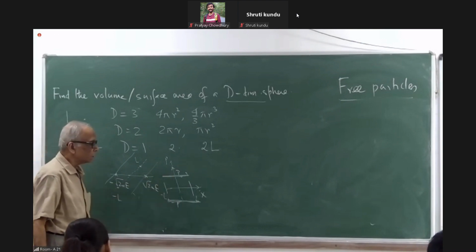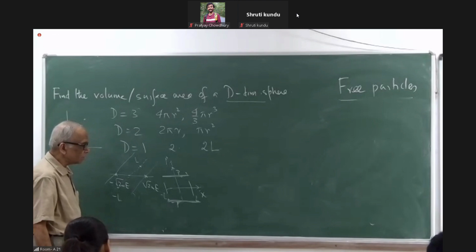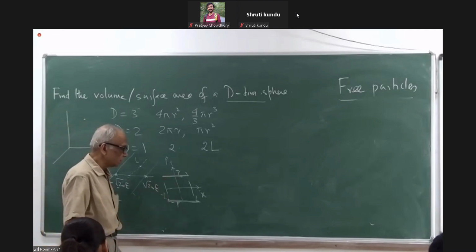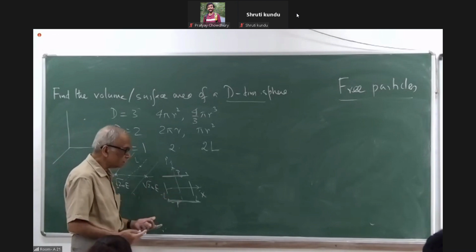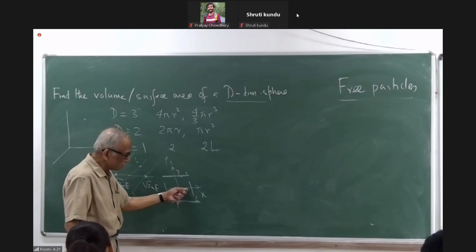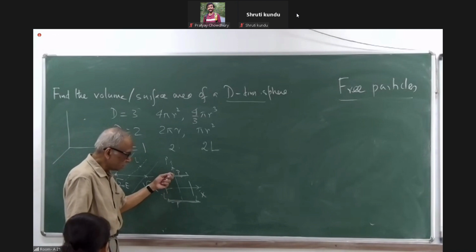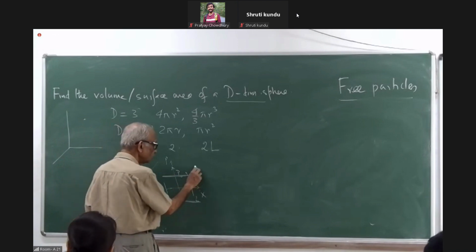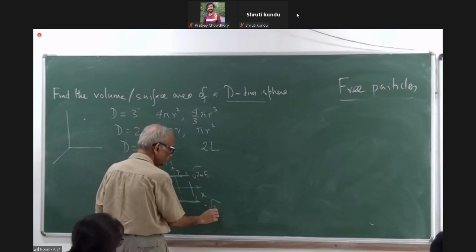So that's a one-dimensional particle in one dimension. I have to picture the state of one particle in terms of x and p, and the allowed momenta are plus square root of 2mE and minus square root of 2mE.